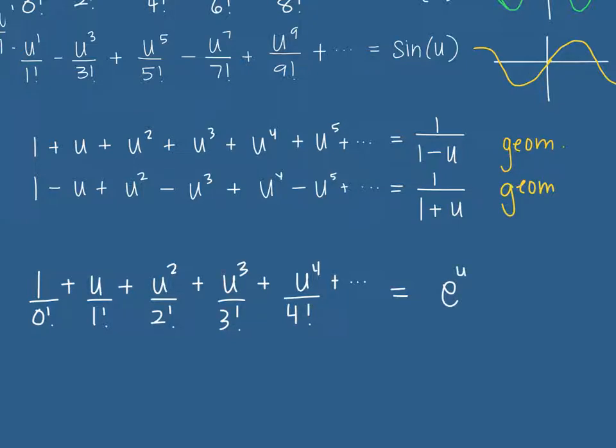If it looks like the numerator is geometric, because the numerator is progressing by powers of u, but the denominator is factorial, that is the exponential model. That gets its own. I don't have a good memory trick to help you with that one.